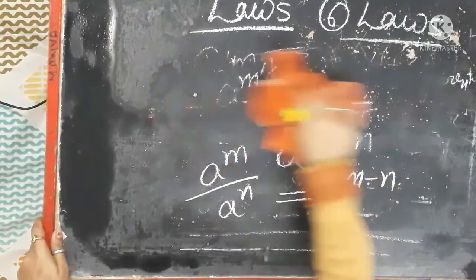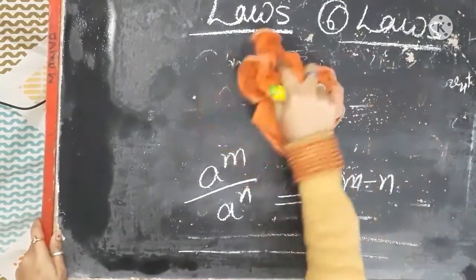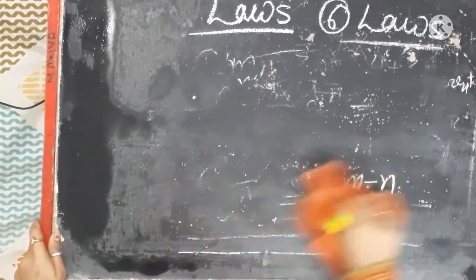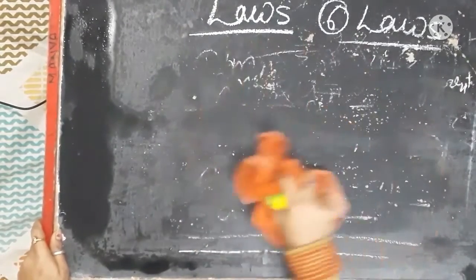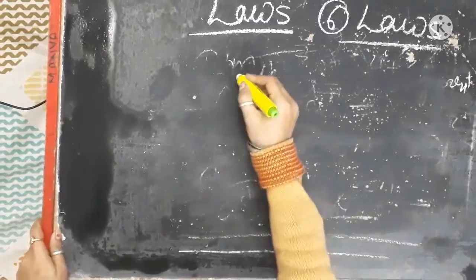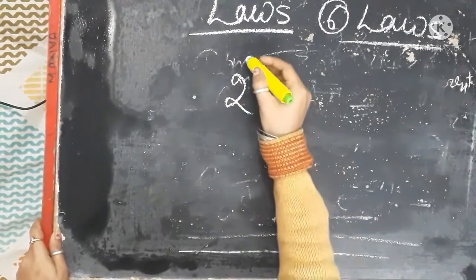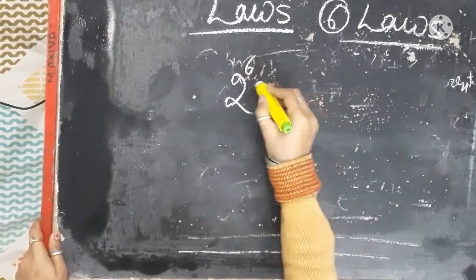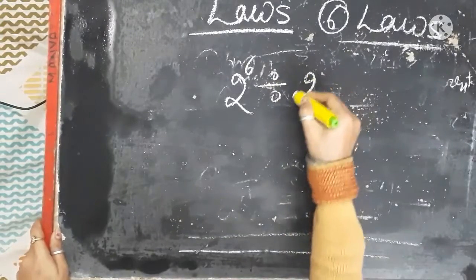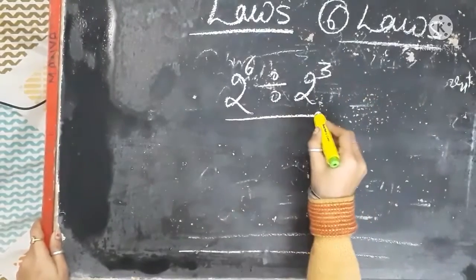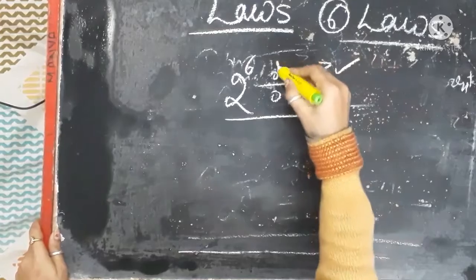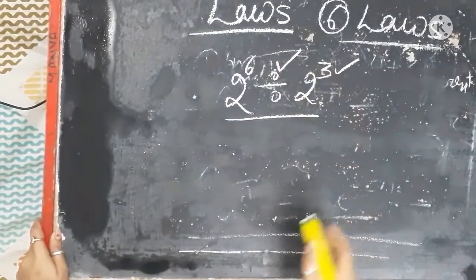We'll see this with an example again. Let's say 2 raised to the power 6 divided by 2 raised to the power 3. The bases are same, powers are different and division operation is there.